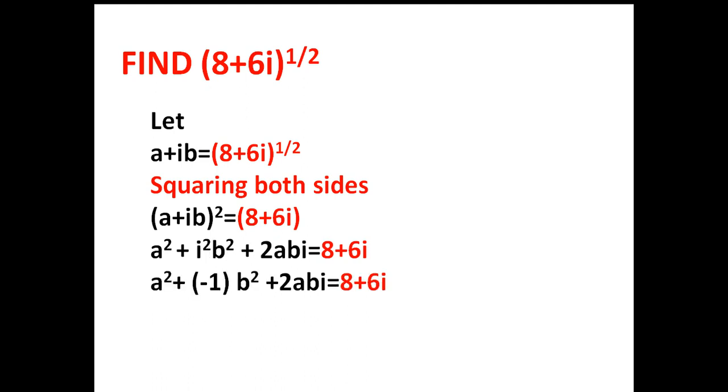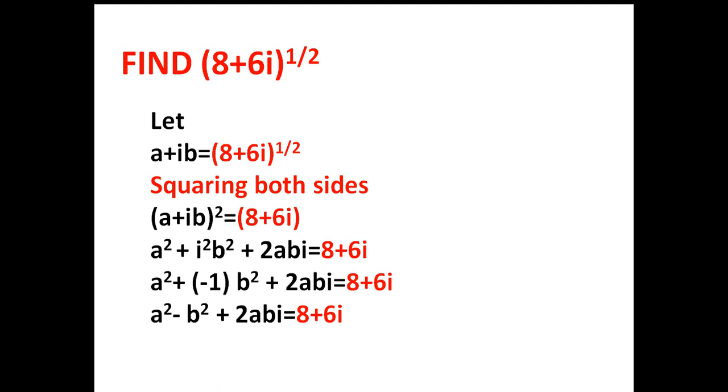Then we know iota square is equal to minus 1, so we put minus 1 in place of iota square. Our statement becomes a square minus b square plus 2ab iota equals 8 plus 6 iota.